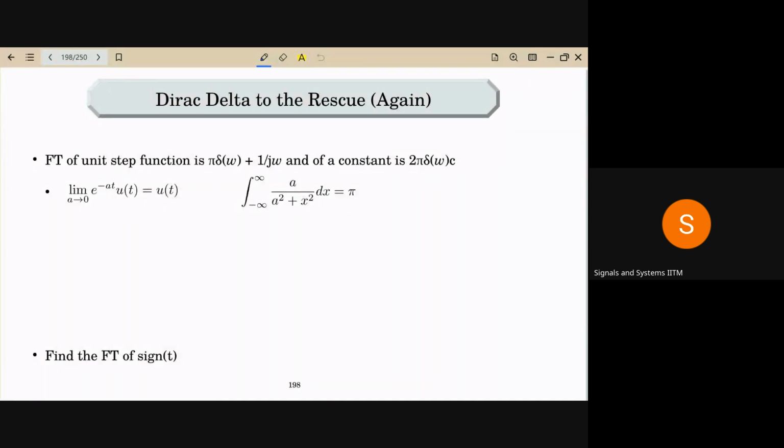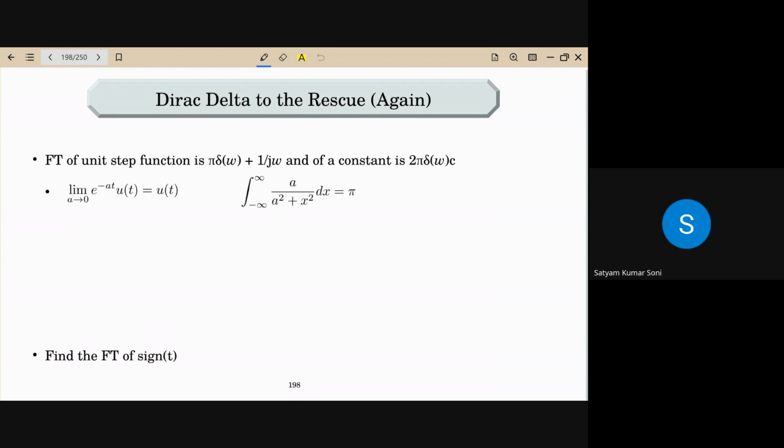The second thing is that we are going to express the unit step function as a limiting case of a sequence of functions. So let me share my screen. Can you see my screen?